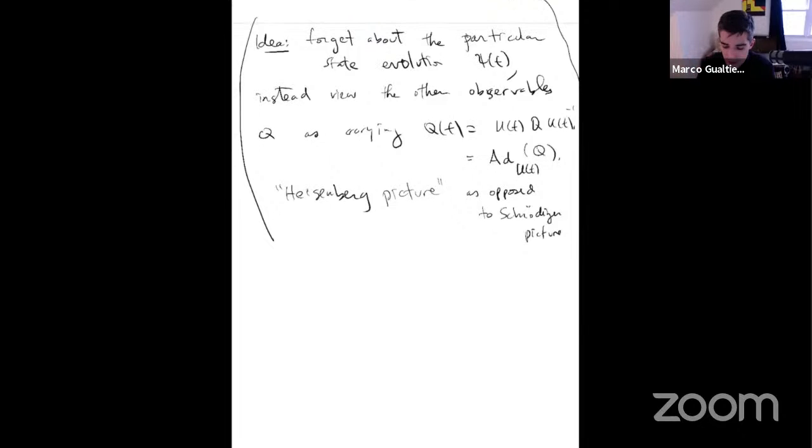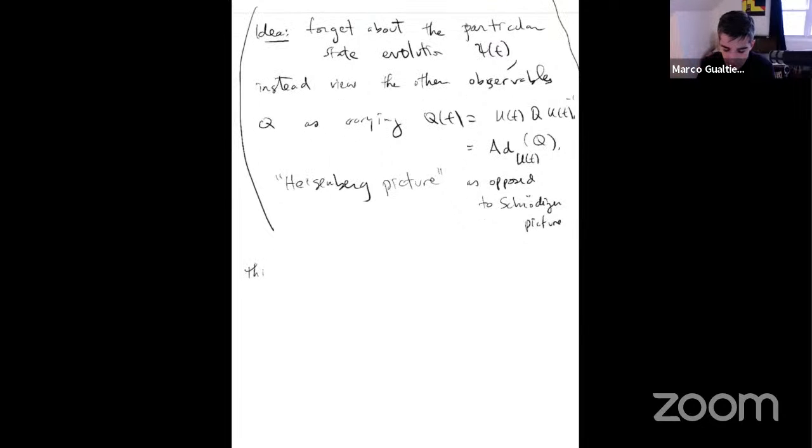Is that clear? And anyway, this makes it more clear what is literally meant by an observable Q being conserved.